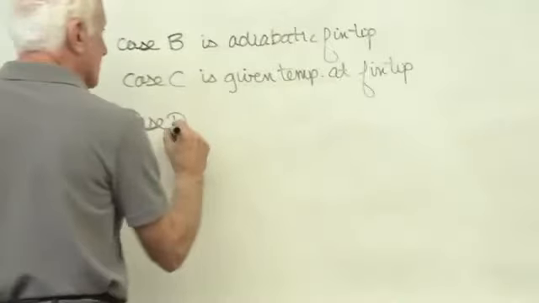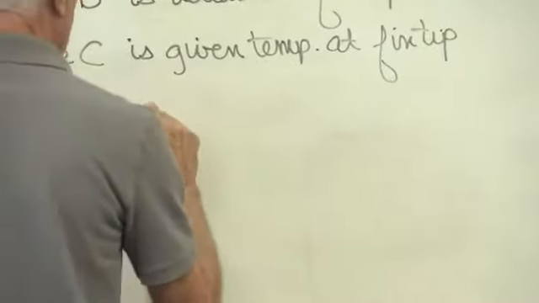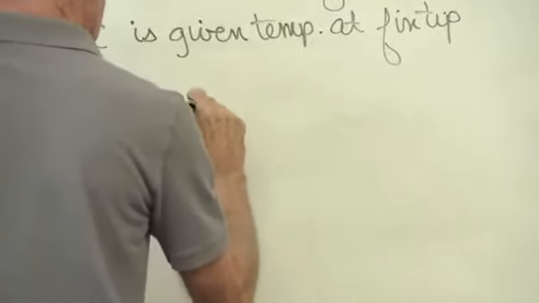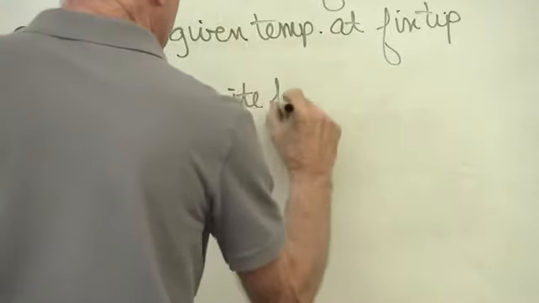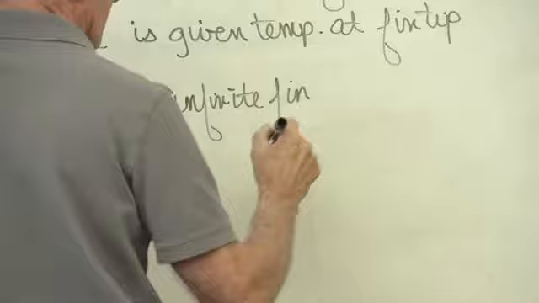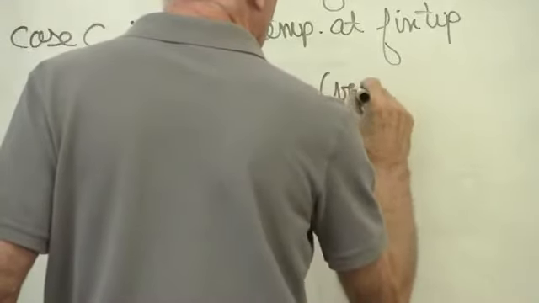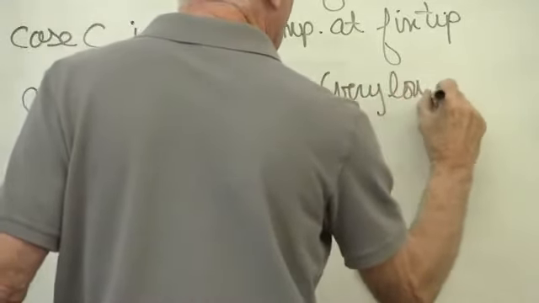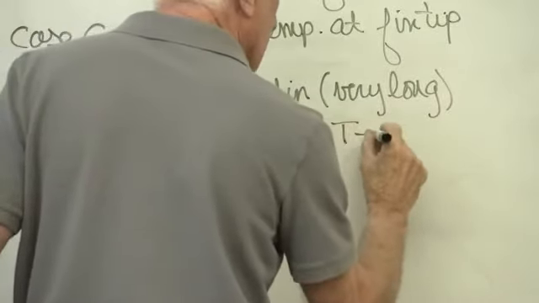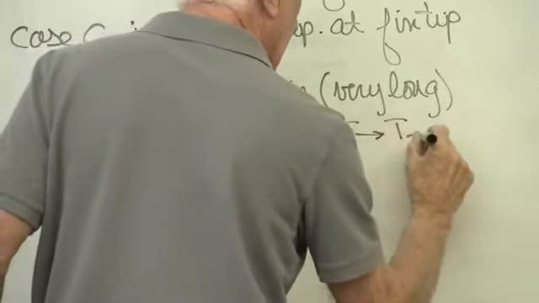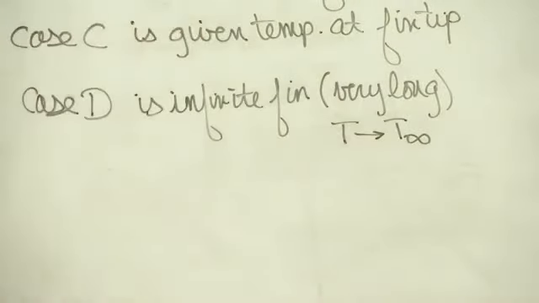Case D is a special case, infinite fin. Very, very long. The temperature of the fin tip is going to approach the temperature of the air for a very, very long fin.